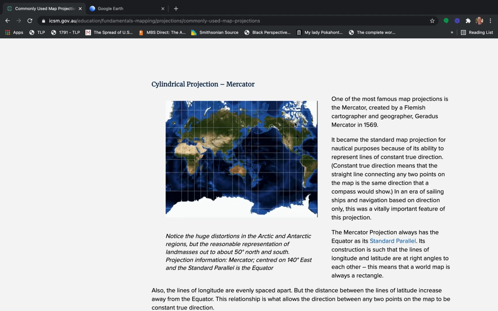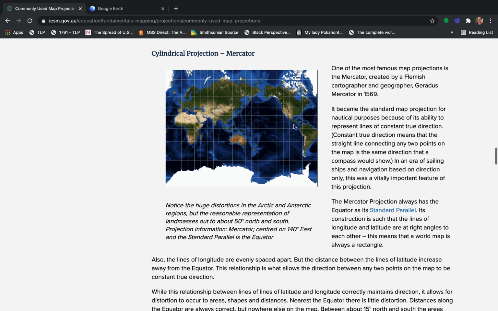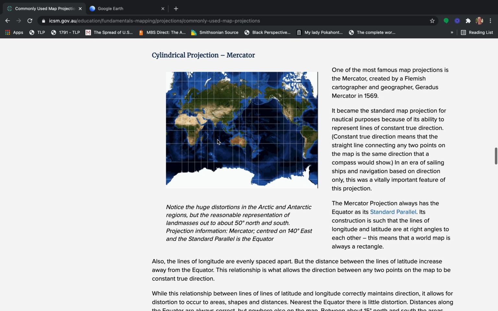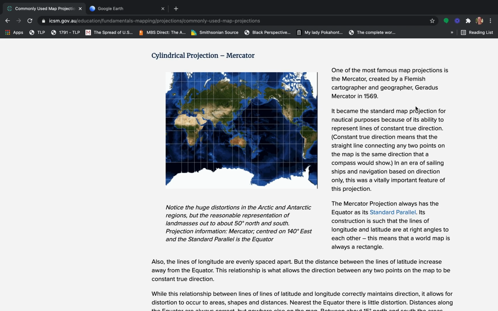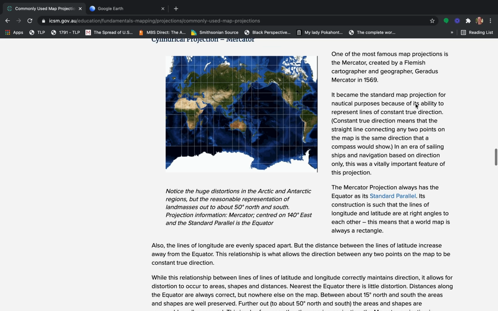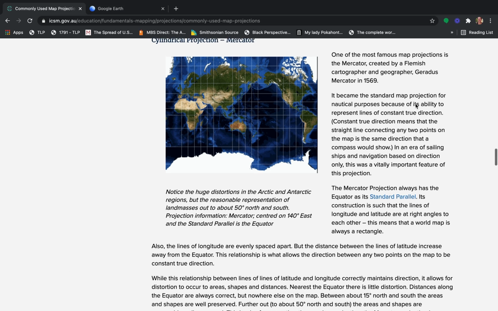And then the other one is the cylindrical projection, Mercator. And this is the one we used for the Indian Ocean. And you remember it was wider the further away we got from the equator. One of the most famous map projections is the Mercator, created by Flemish cartographer and geographer Gerardus Mercator in 1569. It became the standard map projection for nautical purposes because of its ability to represent lines of constant true direction.